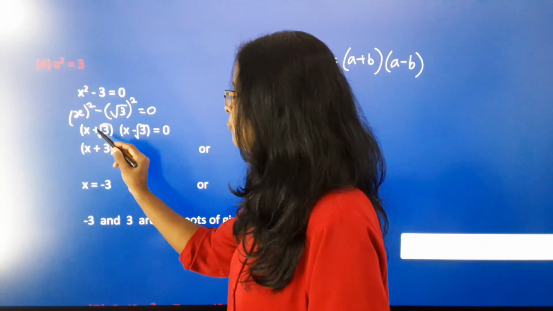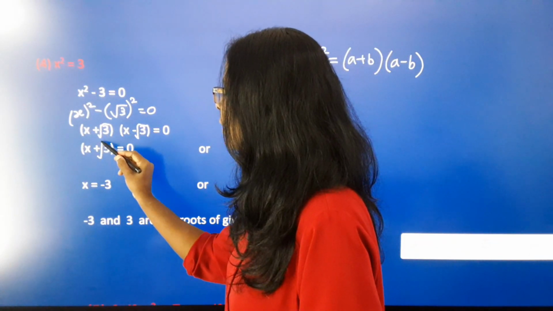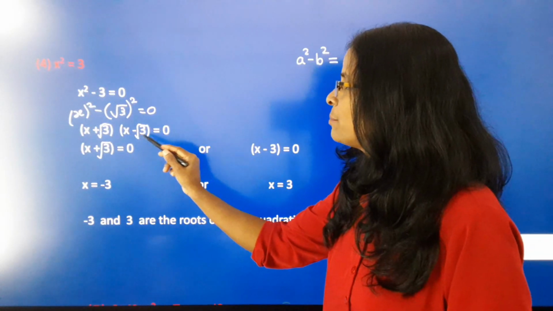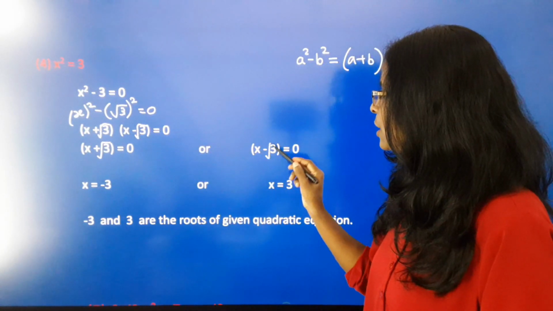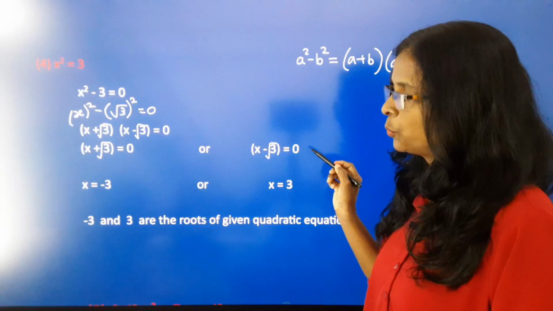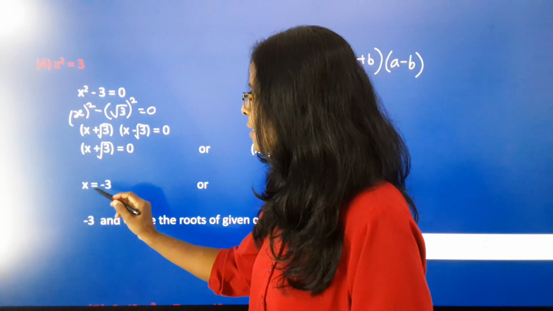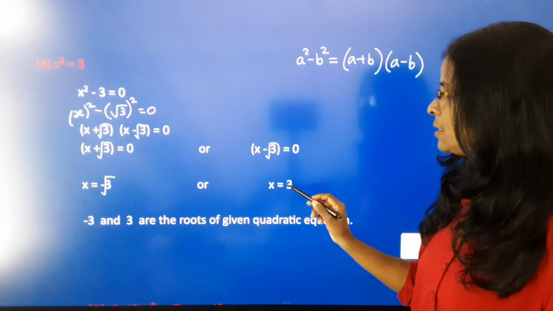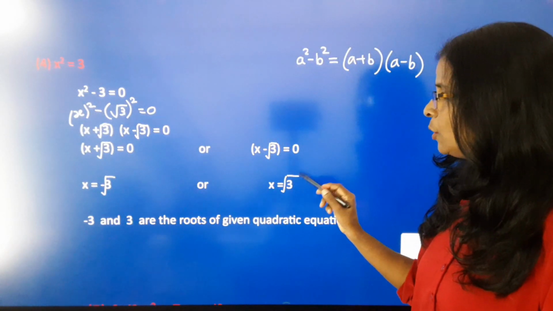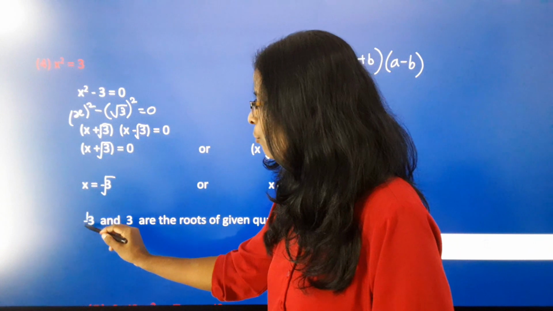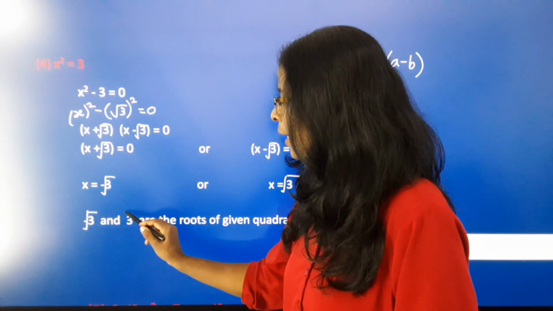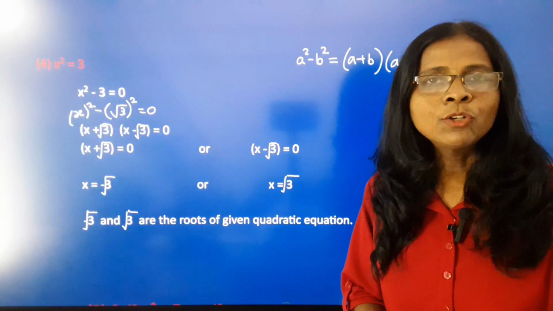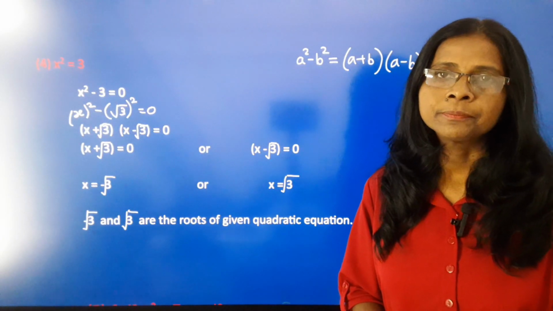And then first bracket x plus root 3 is equal to 0, or we say x minus root 3, which is the second bracket, is equal to 0. So here we say x is equal to minus root 3 or x is equal to root 3. So this way minus root 3 and root 3 are the roots of the given quadratic equation.